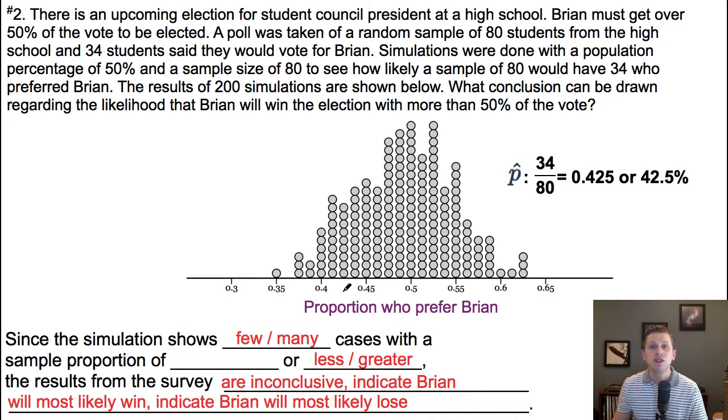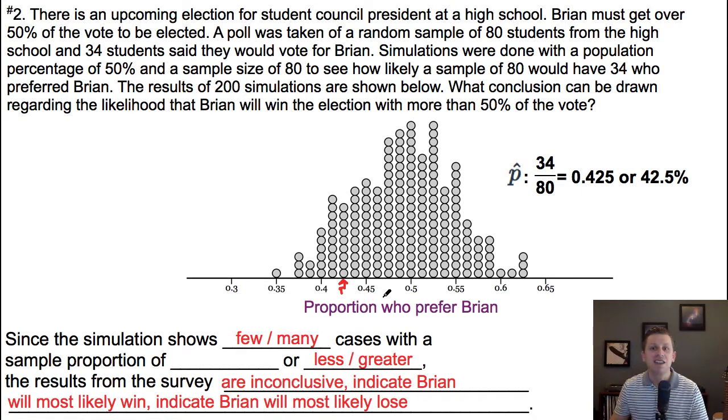Shown below are the results of 200 simulations. Remember, each one of these dots is one of 200, which tells us the results of doing this simulation one time. So this little dot here means that if we ran one simulation, we got 35% of the votes for Brian. Now we want to see where 42.5% is on our simulation. It's right here. That is 42.5%.